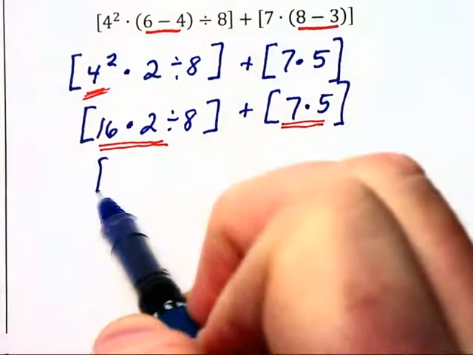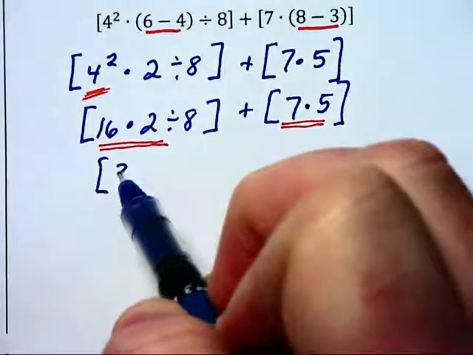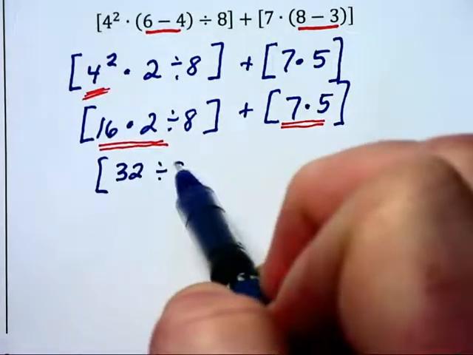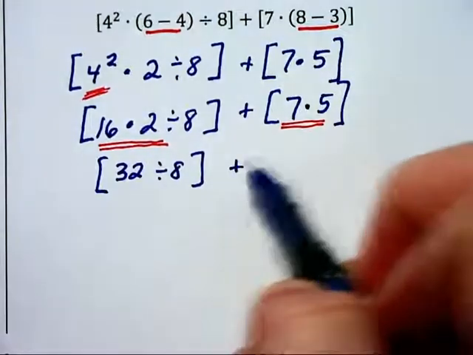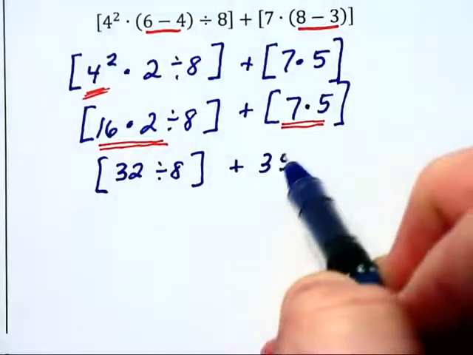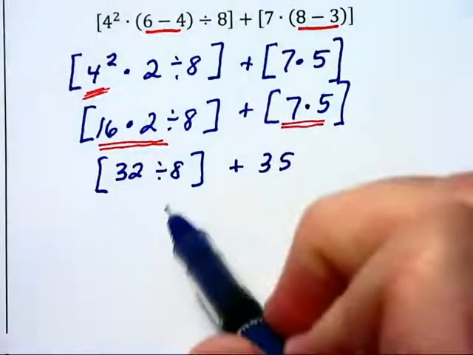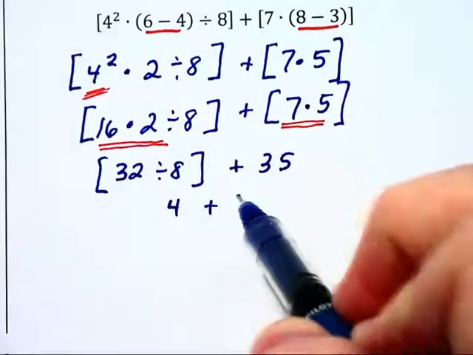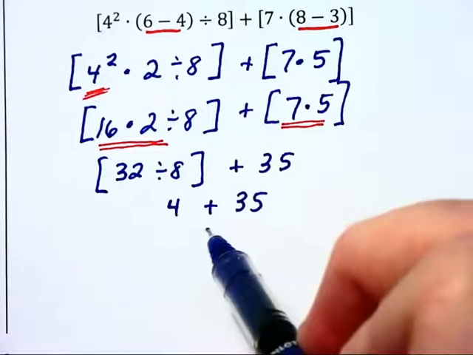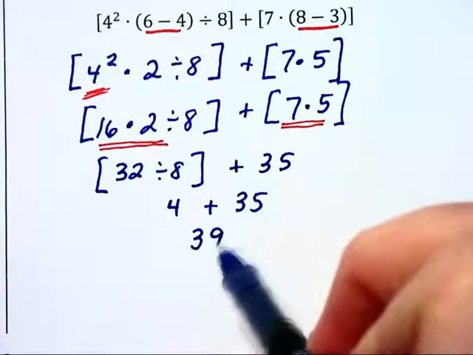So on the left we have 16 times 2, which is 32, divided by 8, and then plus on the right 35. Doing the division, we get 4 plus the 35, which comes down, which gives us a final value of 39.